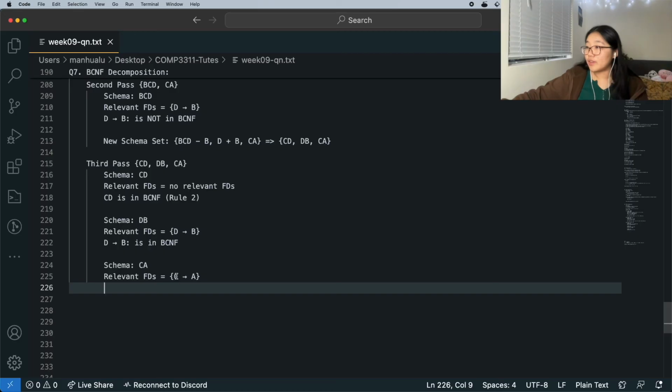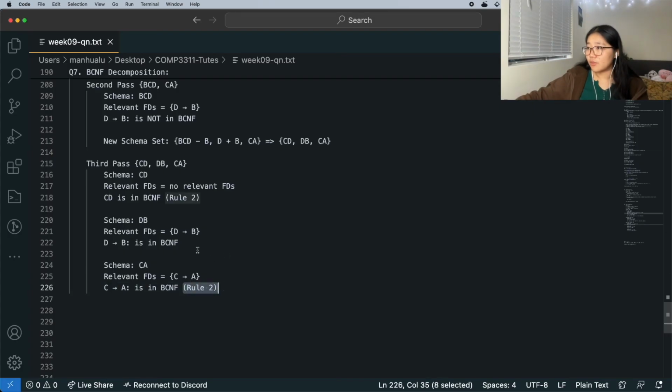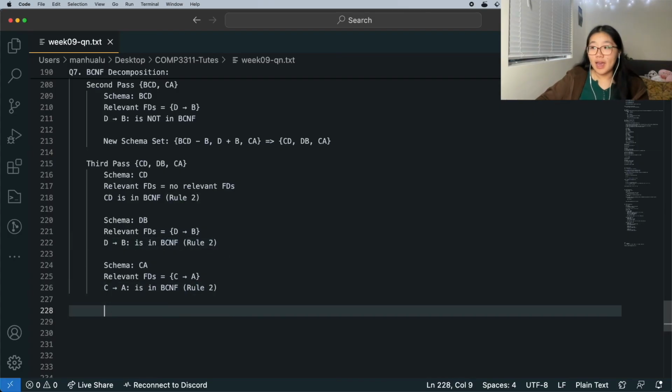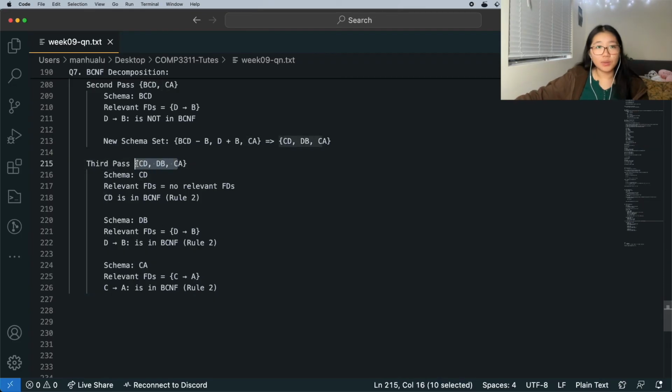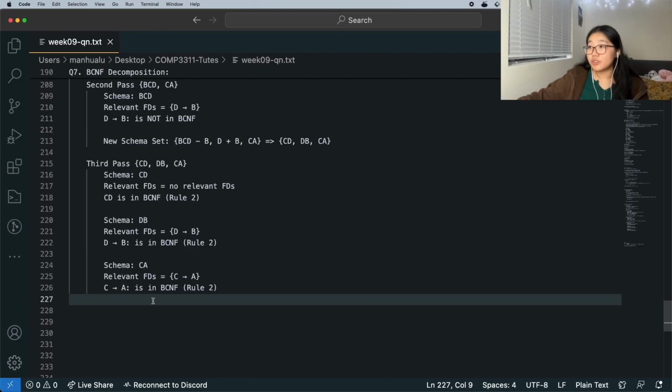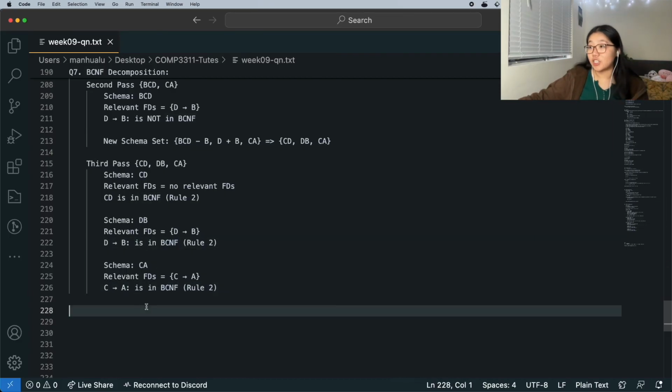So yeah, we look at this now and we say, okay, CA, obviously, C gives us A, it's the entire schema now. So it is in BCNF as well because of rule 2. Same rule here. And that leaves you with all the schemas that we've looked at, right? So that's a good sign. Once everything is in BCNF, that means that our decomposition can actually finish.